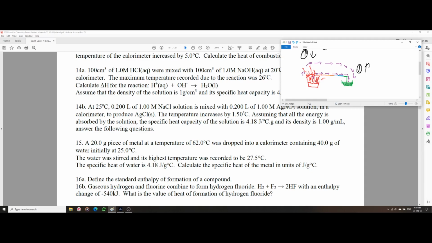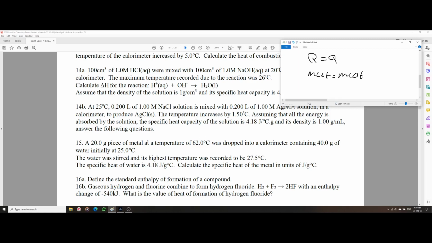In that case, because there's no energy loss, what is lost here is going to be directly gained here, so that you can equate them. And we know that we're talking about Q's, and each Q is mc delta T, mc delta T, and m here is the mass of what?